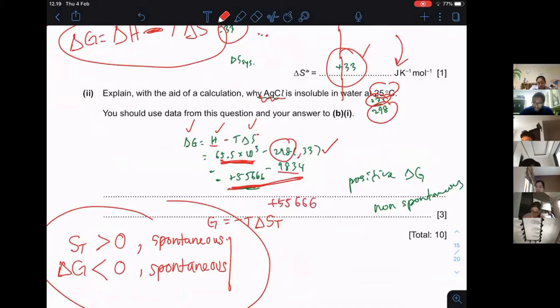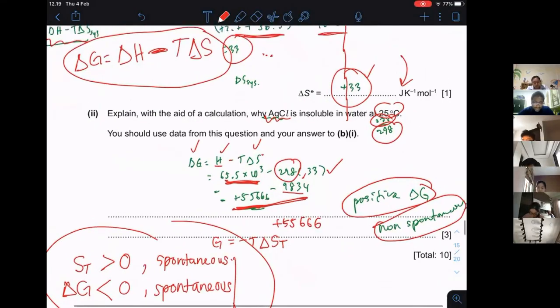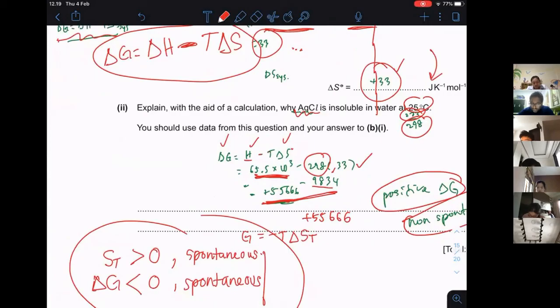Since I'm getting a positive Gibbs free energy, the reaction is going to be non-spontaneous, because only if Gibbs free energy is negative is it spontaneous. You can use this formula, or you can always use the S total. If you can calculate the S total and show that the S total is negative, then it's also an indication that this silver chloride is insoluble in water.